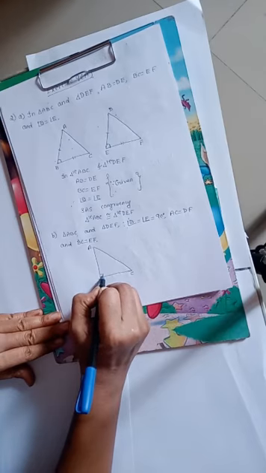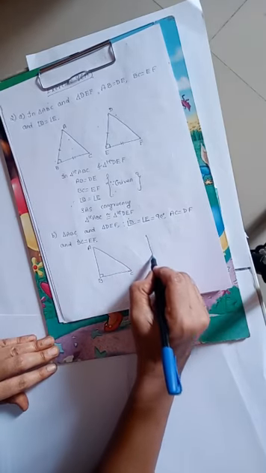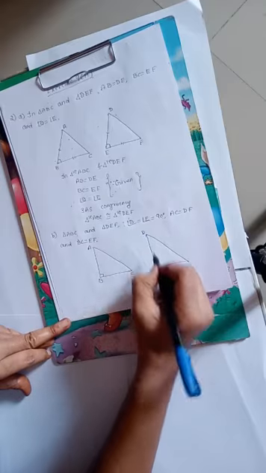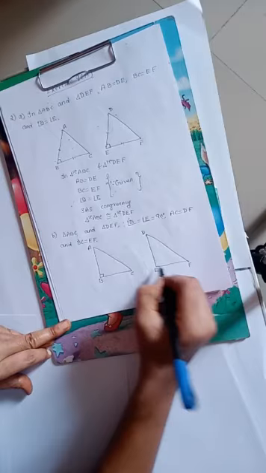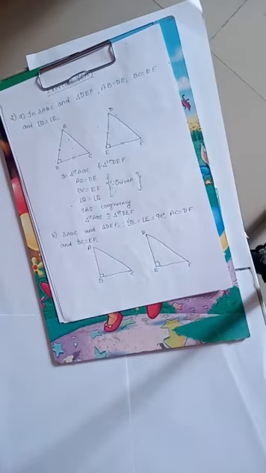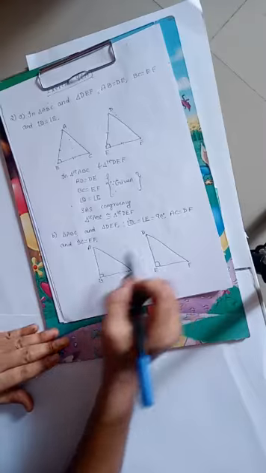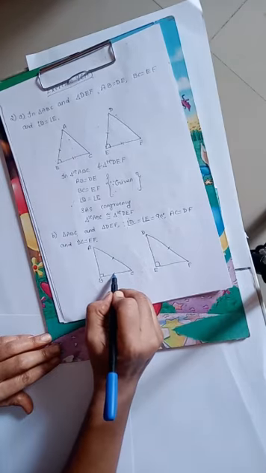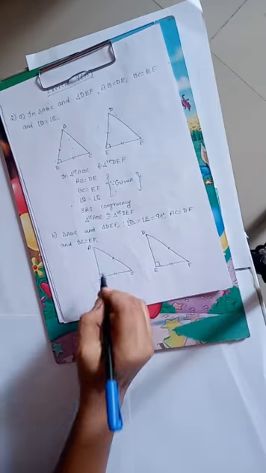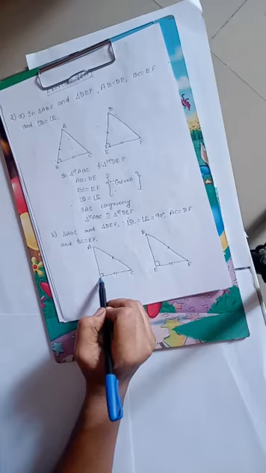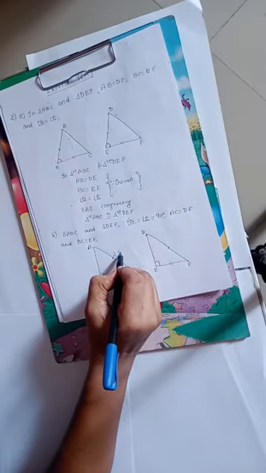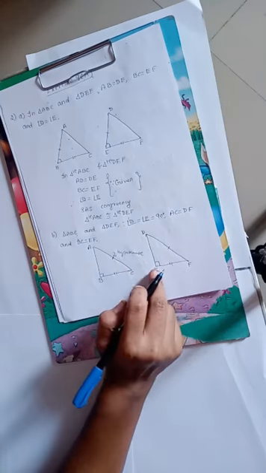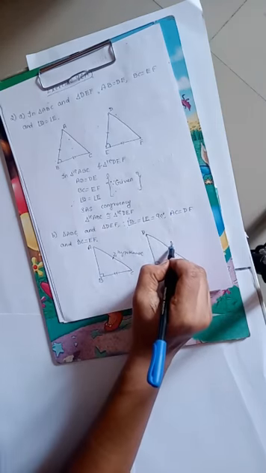Let the first triangle be ABC. Here angle B is equal to 90 degrees. And the second triangle is DEF. Here the given angle E is equal to 90 degrees, and they mentioned that AC is equal to DF and again BC is equal to EF. Observe here, the side opposite to the 90 degree angle, AC, is the hypotenuse, and again the side opposite to the 90 degree angle, DF, is the hypotenuse.